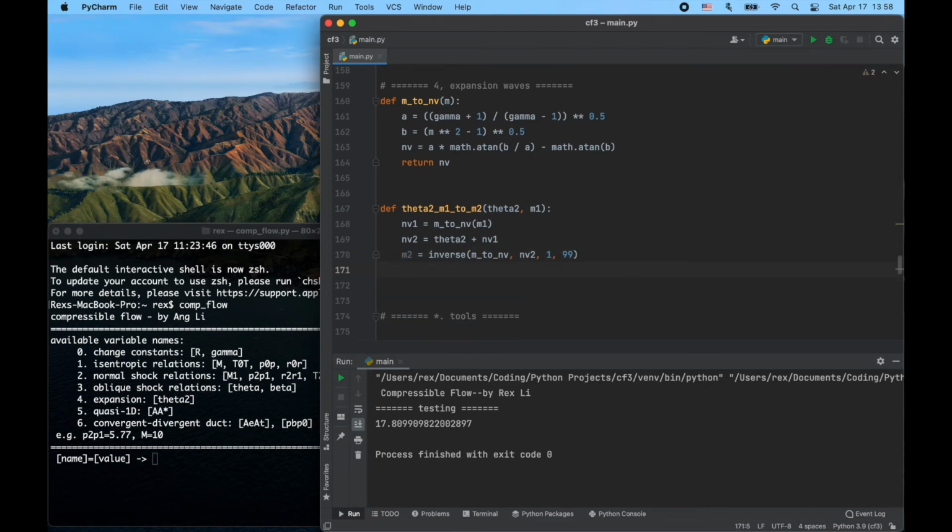Let's just print everything here. So print, this is an expansion wave.